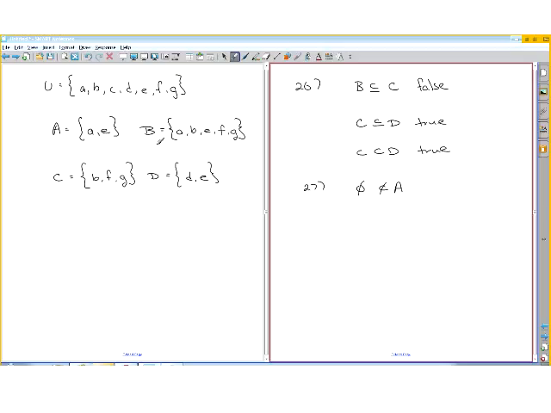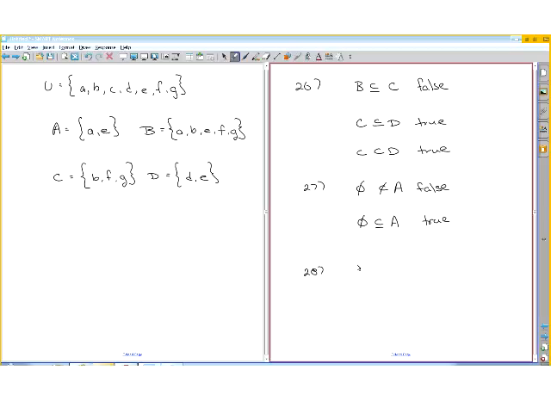I remember seeing somewhere that the null set is a subset of every set. Anyway, that's true. So the null set is a subset of A, and therefore this is false.